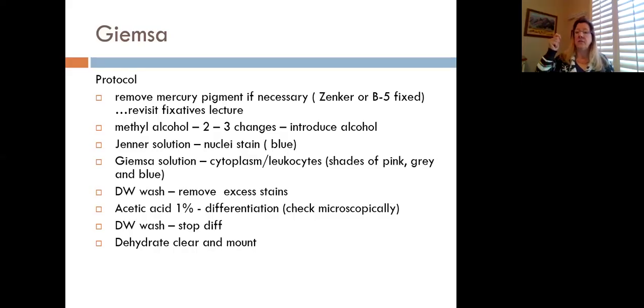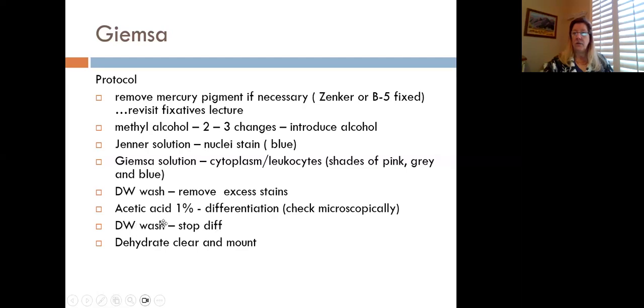And then you pull your slide, you wipe the back of it, and you put it underneath the microscope, and you look at it microscopically to see if you've actually got the right components stained at the right level. If you do not, then you go back into your acetic acid, just a little bit, and then you go into your distilled water, and you check it microscopically again, okay? From here to here is your toggle.